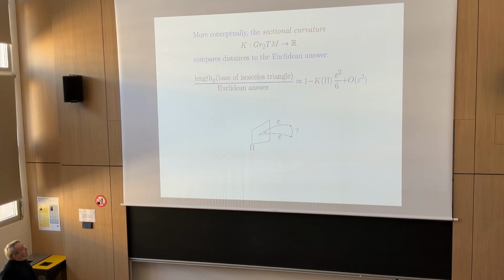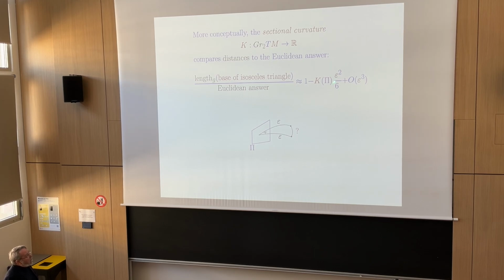So if you have a narrow isosceles triangle, you then spray it out into the manifold via the exponential map and ask what is the distance between the two base points relative to the Riemannian metric. Then you would find, in the spirit of the previous statements, that if you divide by the Euclidean answer, it looks like 1 minus something of order epsilon squared, where epsilon is the length of the sides here, and the coefficient is the sectional curvature of this plane.